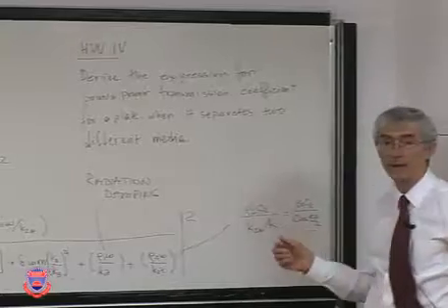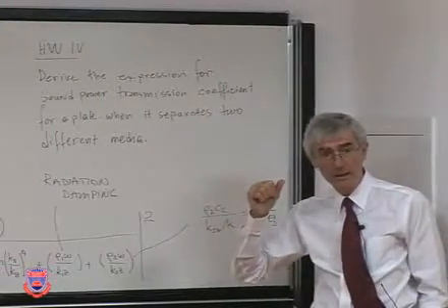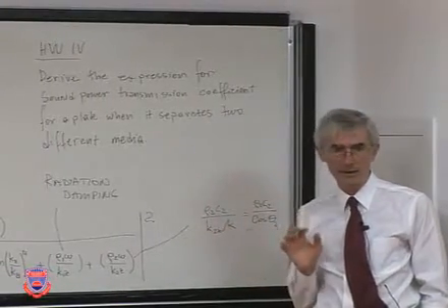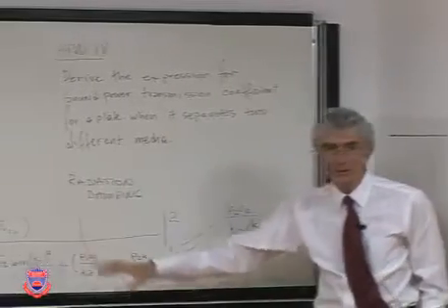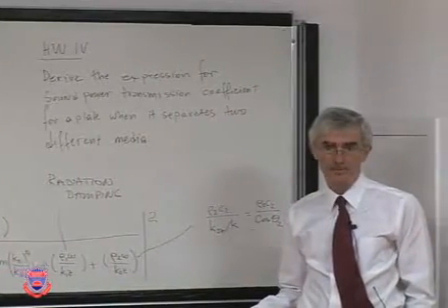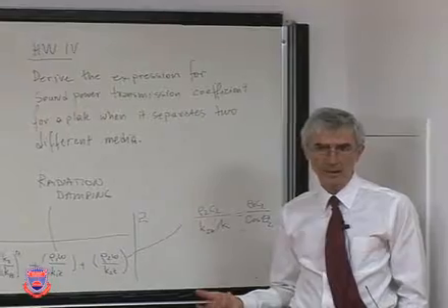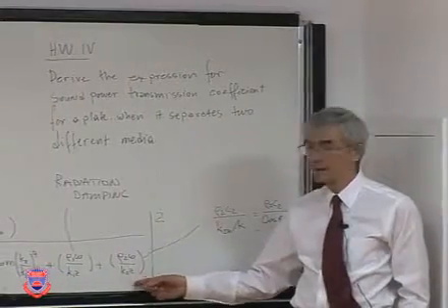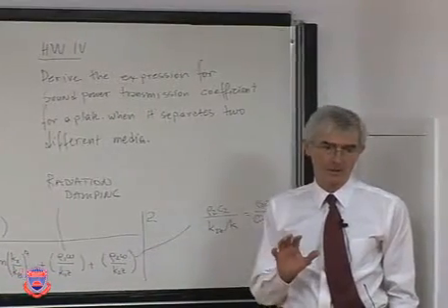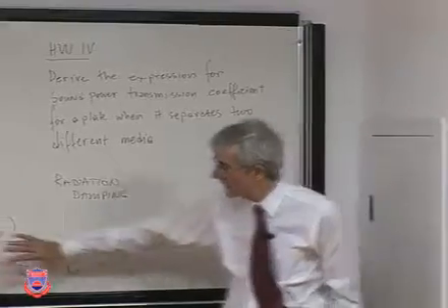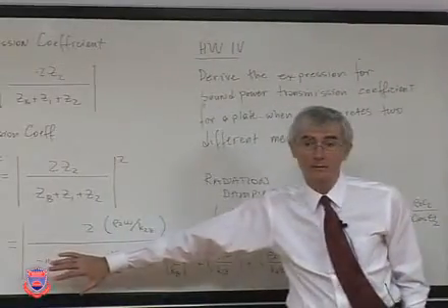But should cosine theta 2 be imaginary? If it is imaginary, what does it do to the system?